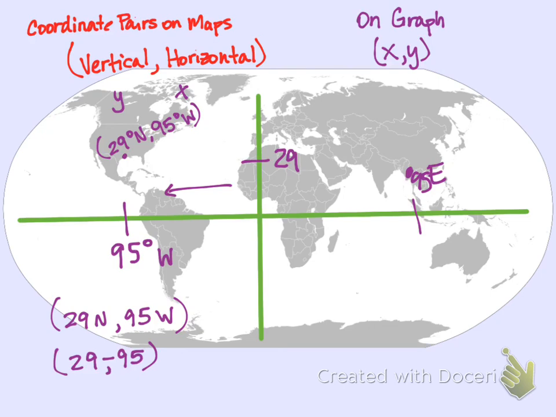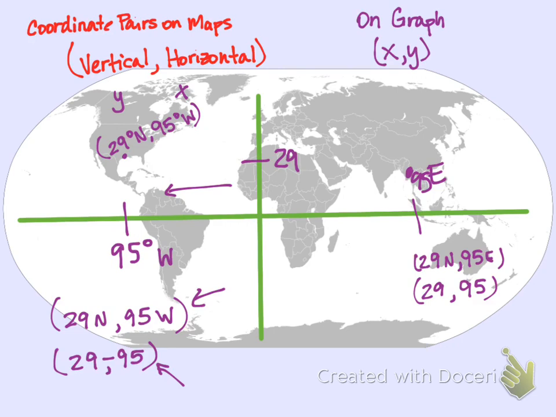It would be 29, comma, negative 95. Over here, this would be 29 north, 95 east, or 29, 95. Either one of those will work. Generally, if we're doing hurricane type stuff, we use this one. If you are doing engineering classes or whatever, you'll use that one. But they both mean the same thing.